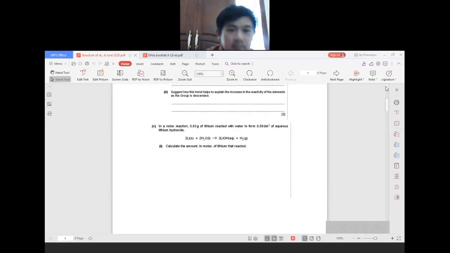And then C, in a redox reaction, 0.83 g of lithium reacted with water to form 0.5 liter of aqueous lithium hydroxide. Calculate the amount in moles of lithium that reacted.